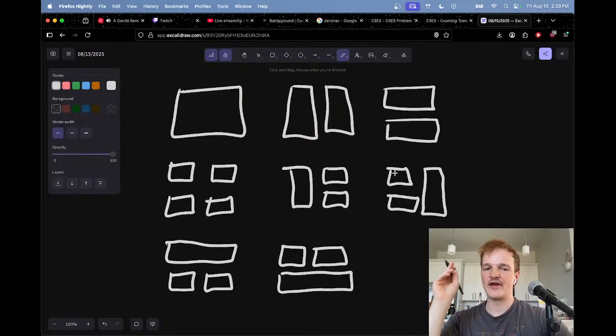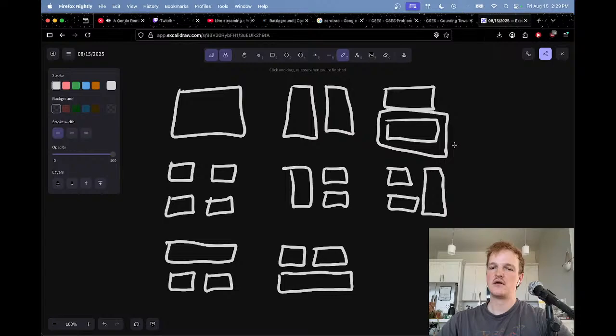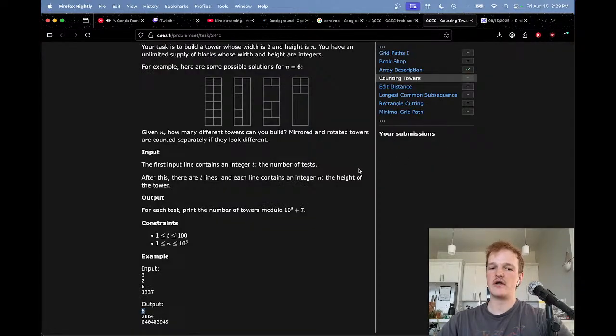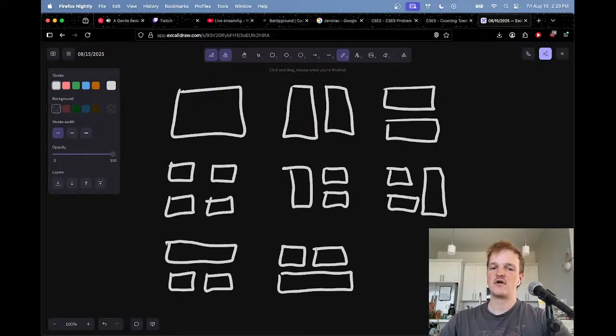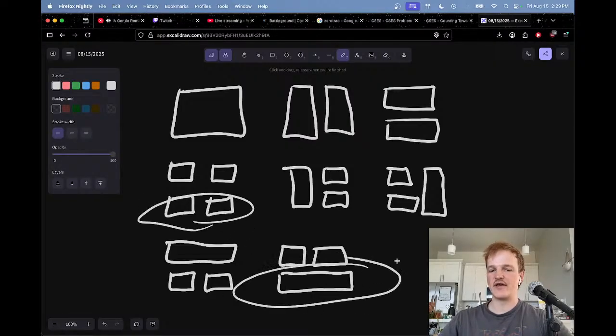So what is mine saying? Look at DP at 1. DP at 1 is saying there's 2 ways to have... I think DP at 1 should be 1 and 1, right? There's 1 way to have this and 1 way to have this.